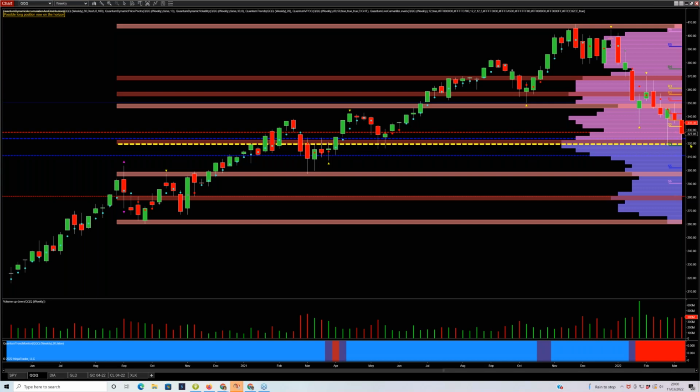If it's trading above, despite the price action and the down days, we have still had some buying coming in. Until it breaks this level, which is the 320 level here, you could still say that there is some bullish sentiment.